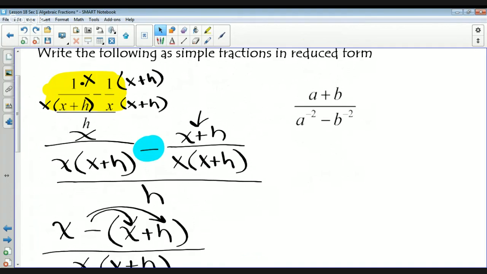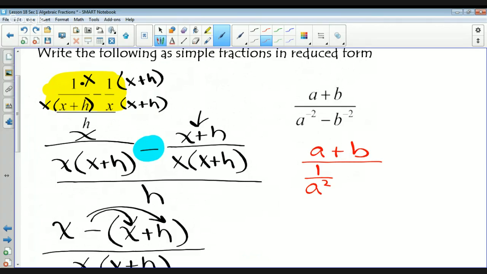So what are you going to do with it? Start with the bottom? Okay, what would we do? Put 1 over A squared, minus 1 over B squared.